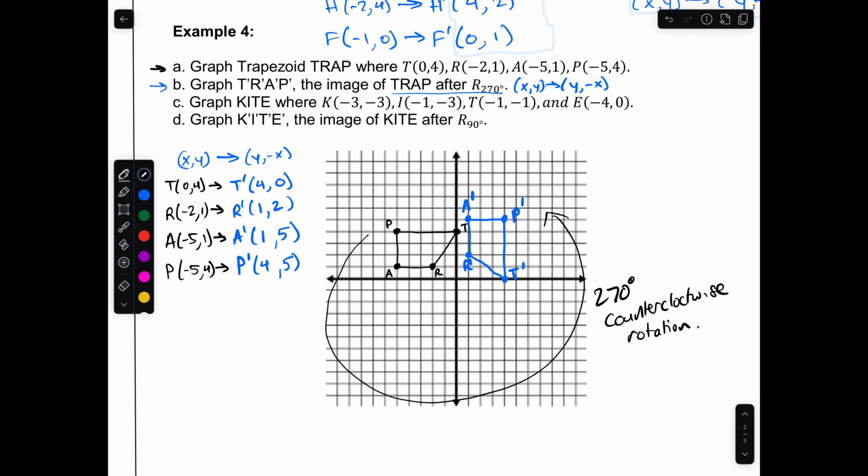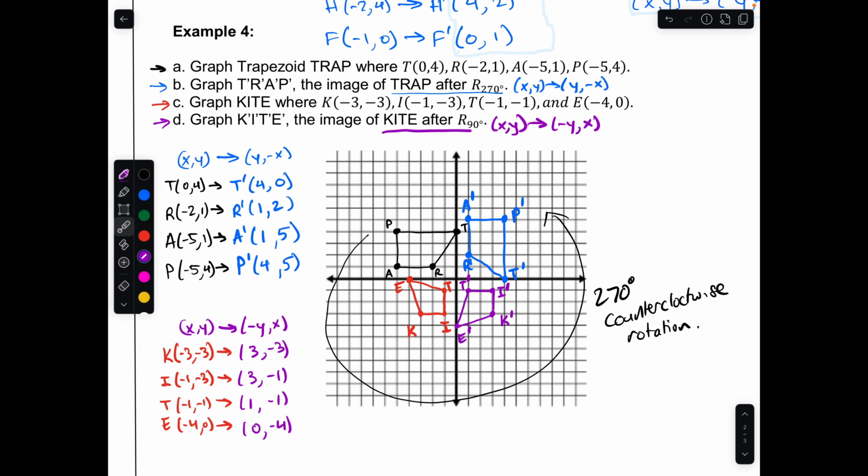All right, pause the video, and I want you to do C and D on your own, and then come back and check your work. All right, so you should have plotted points K, I, T, and E. I plotted them in red here, and I wrote their coordinates down here.